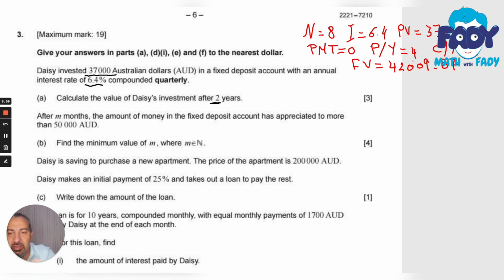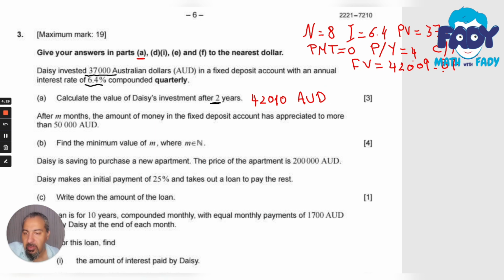Don't forget that for part A we need our answer to the nearest dollar. So her investment is 42,000, and because the 8 here will add 1 to the 9, 42,010 AUD. This is our answer for A.